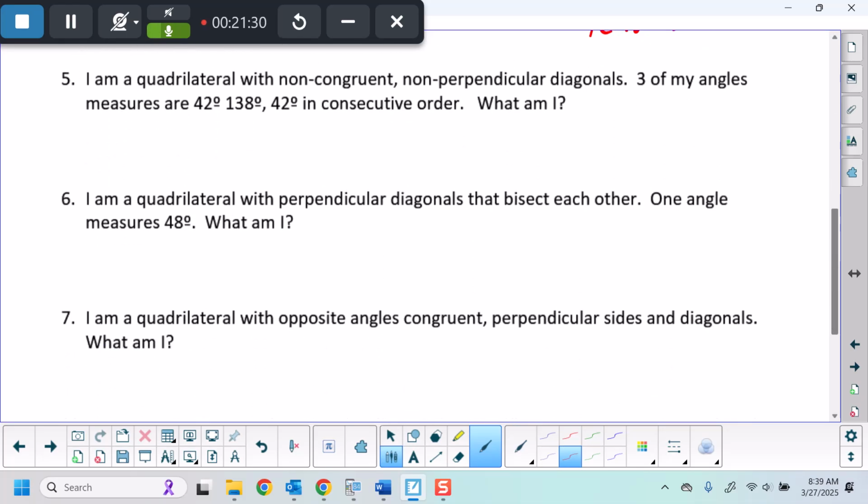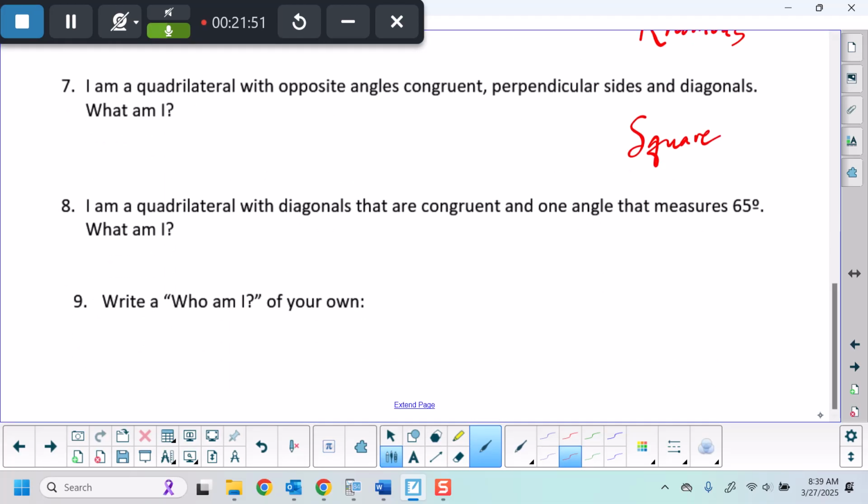Number 5 is a parallelogram. Number 6 is a rhombus. And number 7, square. Number 8, here's our isosceles trapezoid.